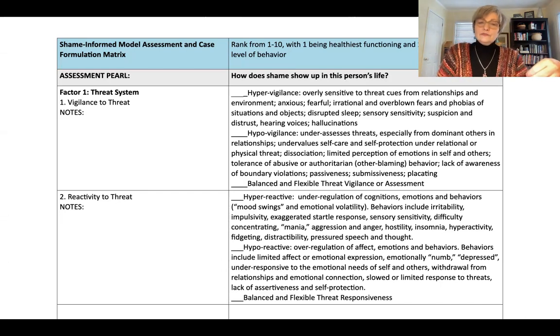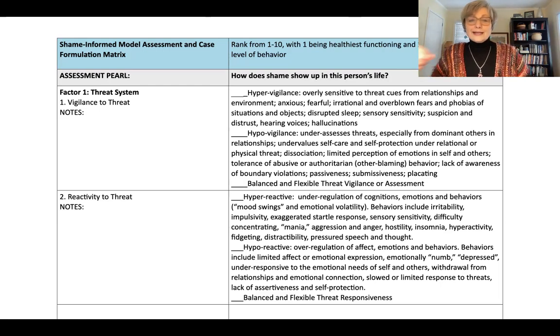Hypovigilance is a downshifting of the threat system into that dorsal vagal response: submissiveness, depression, dissociation, intolerance of abuse that many people have. And then, of course, we have more balanced or flexible threat vigilance. This is a healthy person who can be on guard to danger as needed. They can also downshift and be less threat-based.